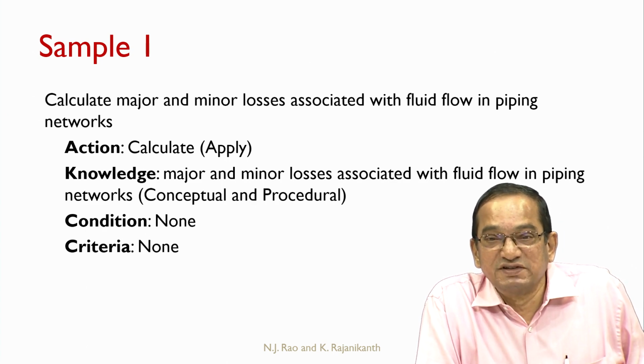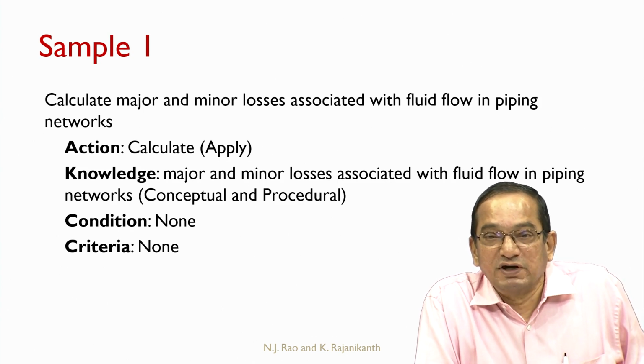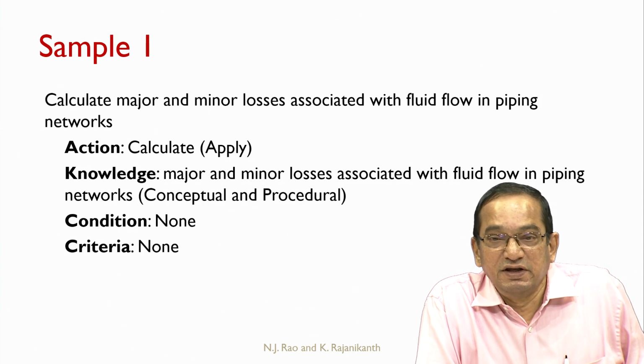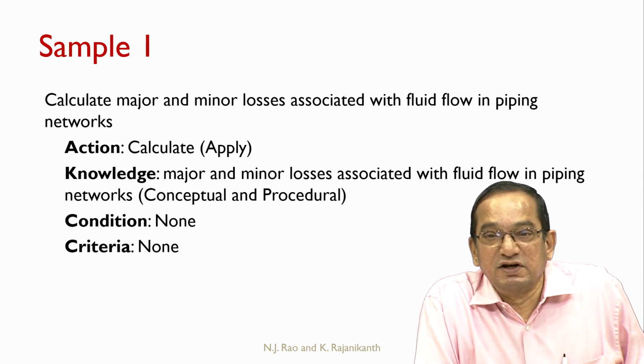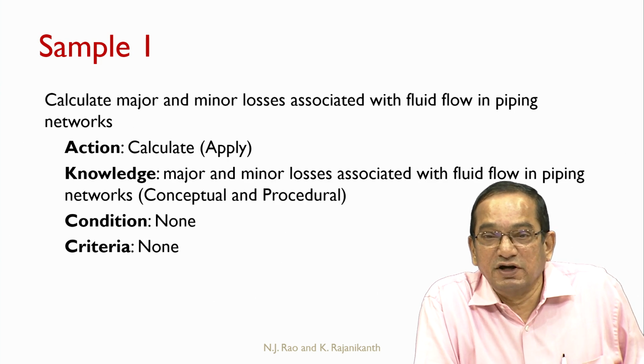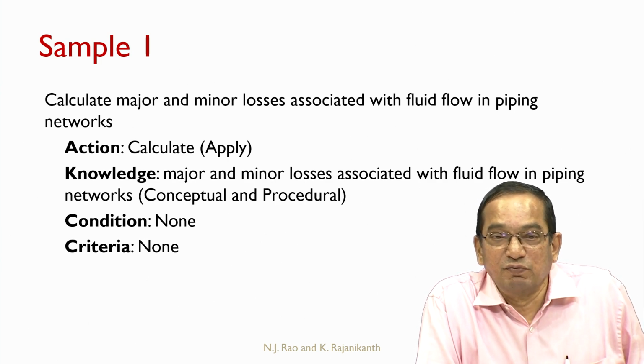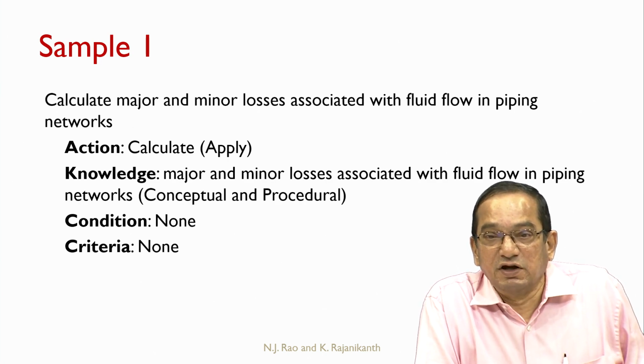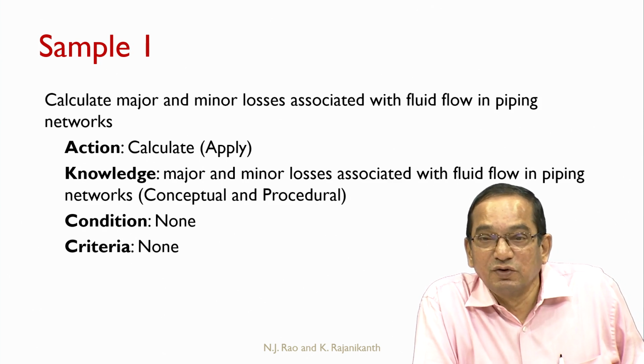The action verb is either a single action verb or at most two, but the knowledge elements can be from multiple knowledge categories. There are no conditions and no criteria in this outcome statement. They are optional, and in this outcome statement we have only the action and knowledge, no conditions, no criteria.